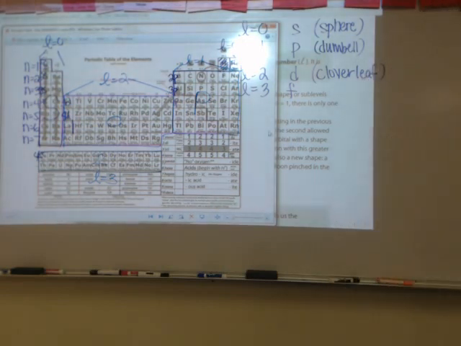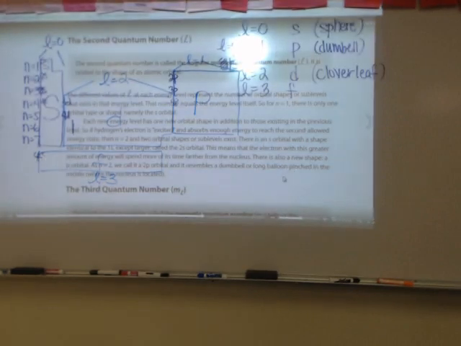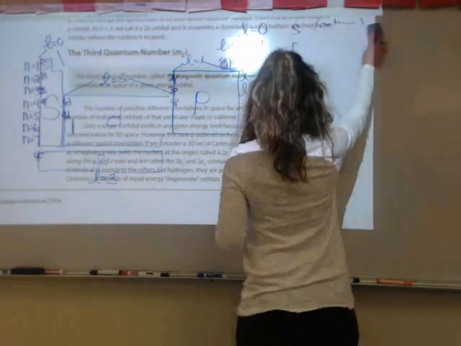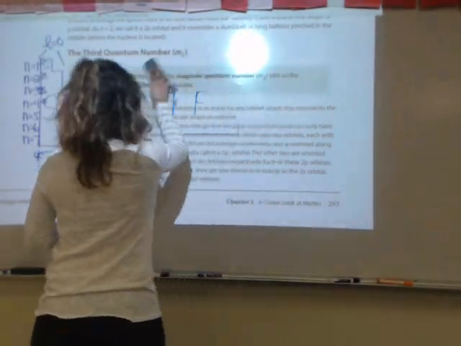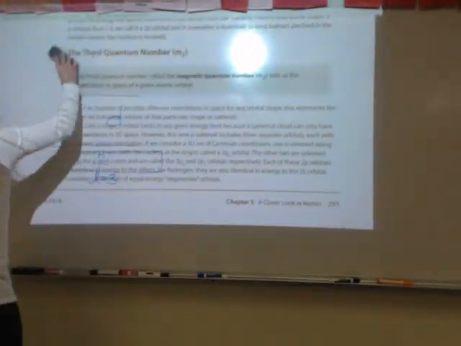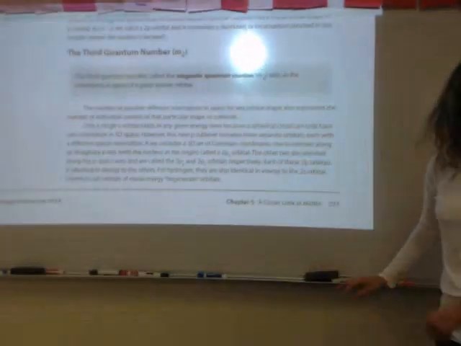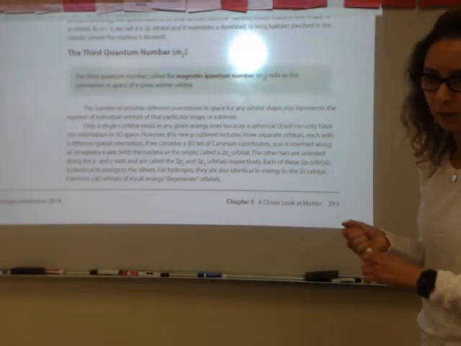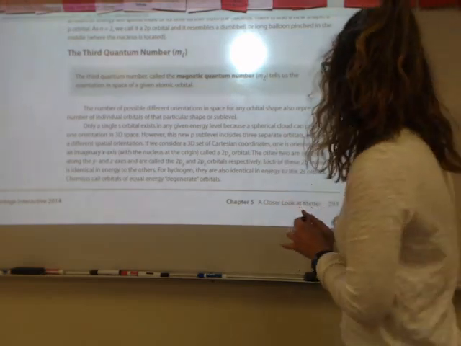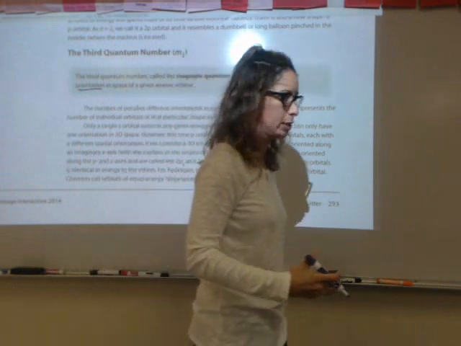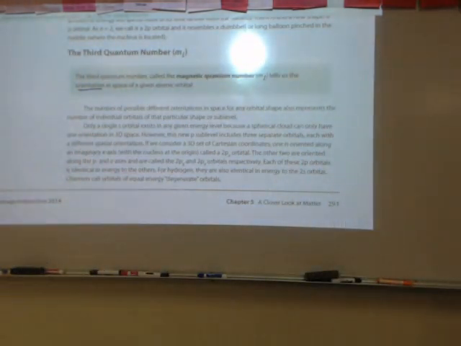Now, if we go on to the third quantum number, which is m sub l, the third quantum number is known as the magnetic quantum number, and this is telling us the 3-dimensional arrangement or the orientation in space for a given atomic orbital.